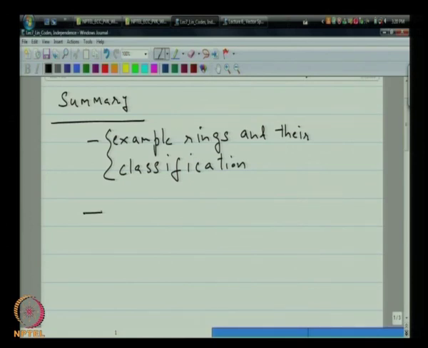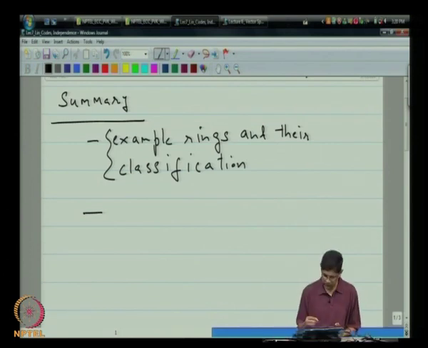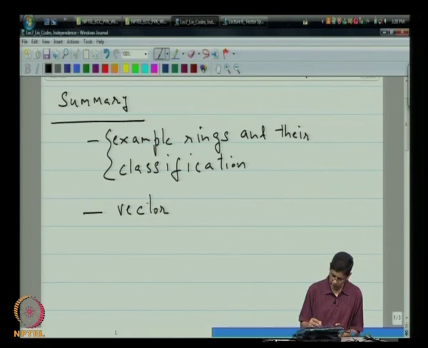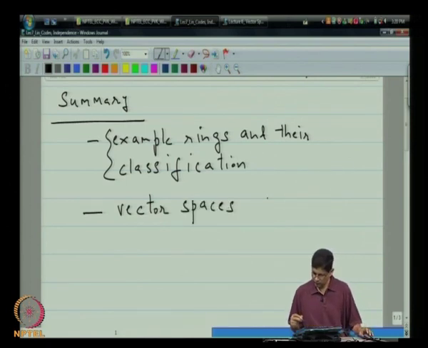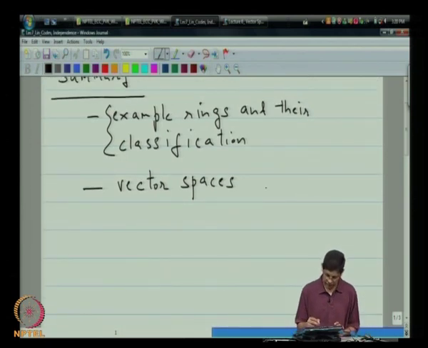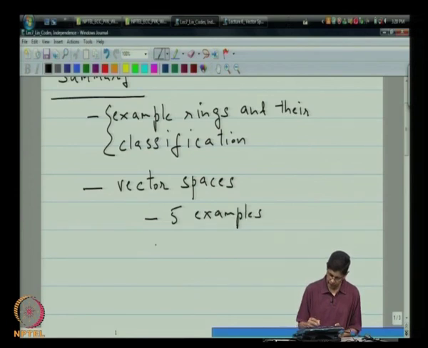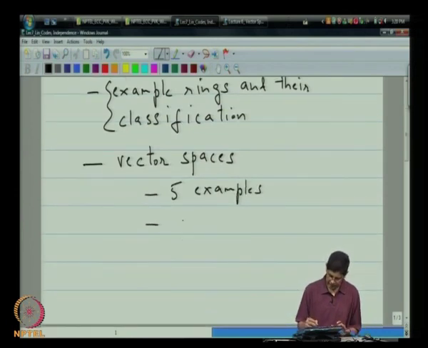Then we moved on to a different example of an algebraic structure, which was vector spaces. Here we looked at 5 examples, and we looked at derived properties.